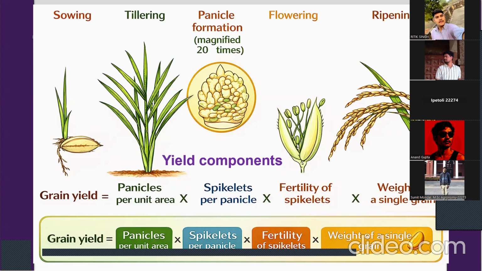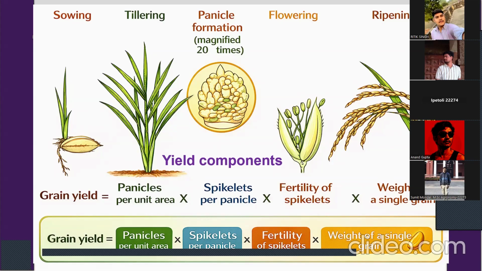So first important thing is that we should have a sufficient number of panicles. And what is that magic figure? Ideal panicle number: in most cases, 250 to 300 panicles per unit area will give you better yields compared to too many panicles or too few panicles.